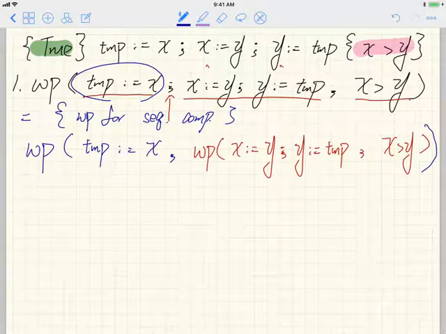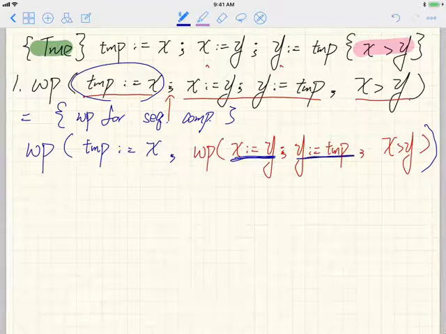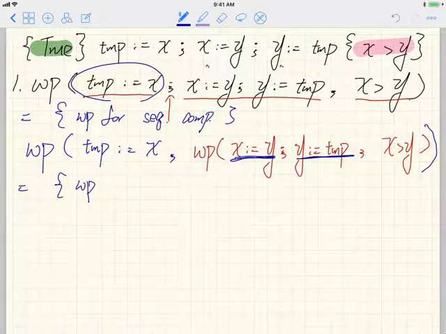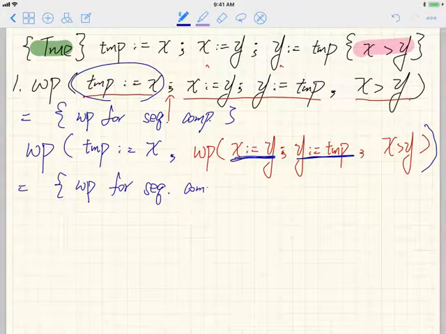Again, the way I'm gonna parse this is very similar. This is the very first stage I'm gonna do, and this is the remaining stage. I'm gonna keep applying until I reach some base case, which means I don't have any sequential composition anymore. So now I'm just gonna say again, WP for sequential composition. I'm gonna apply that once more.